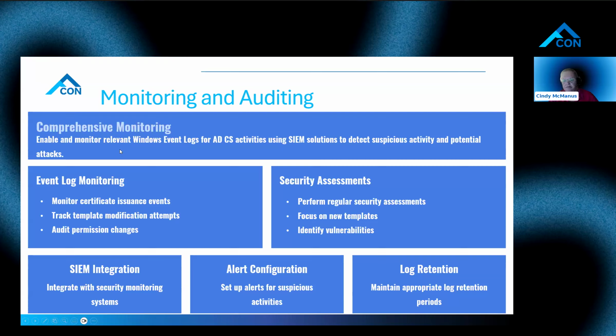We create new templates, we use new templates, as Chris would say, tradecraft changes. You may get wind of something that's happening out there that you can prevent with security patching, tightening your templates, and so forth.